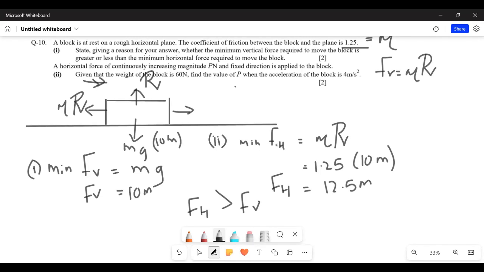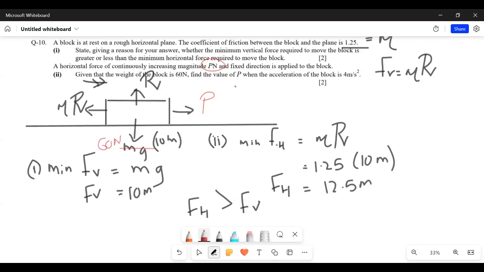Let me check the answer. A horizontal force of continuously increasing magnitude P newtons and fixed direction is applied to the block. So now the forward force is P. Given that the weight of the block is 60 newtons, that means you know the downward force now. This becomes 60 newtons.